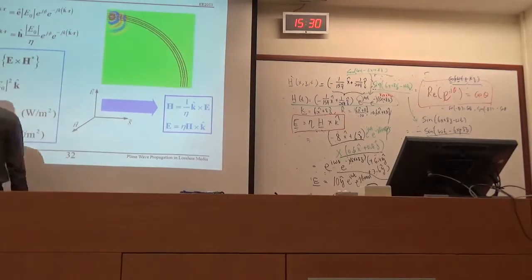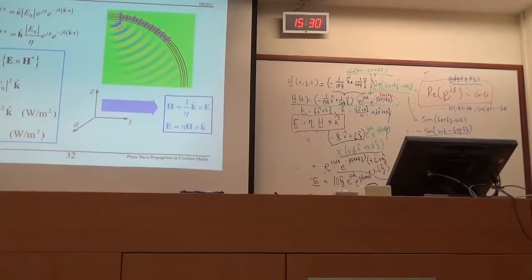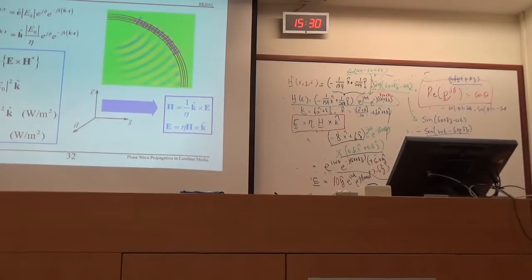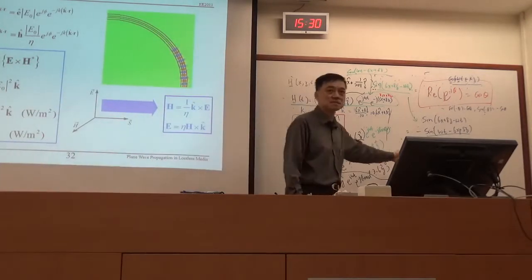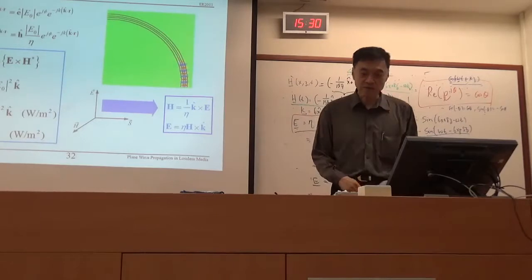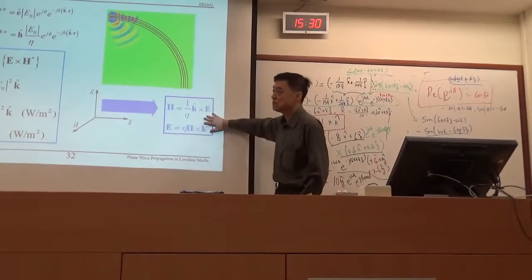So it's half of E squared over zeta, which is the intrinsic impedance, or half of H squared times the intrinsic impedance. So there is a similarity. And once again, remember these two equations that you need to use very, very often.